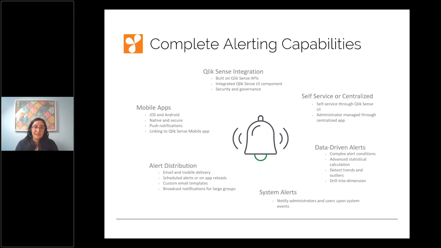It's built using the same Sense APIs, and those same open APIs help you inherit all the security and the governance in Qlik Sense itself as well. You have the ability to define, trigger, and distribute system alerts to administrators and interested users, but it can also be looked after by an individual or across the business itself.